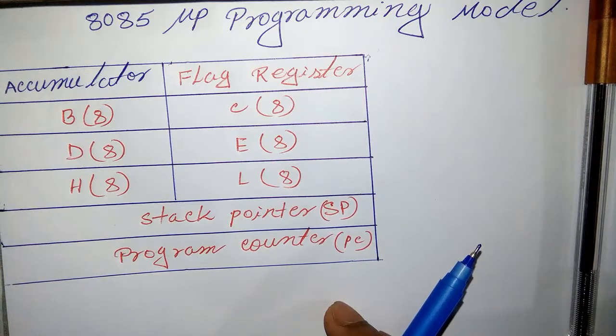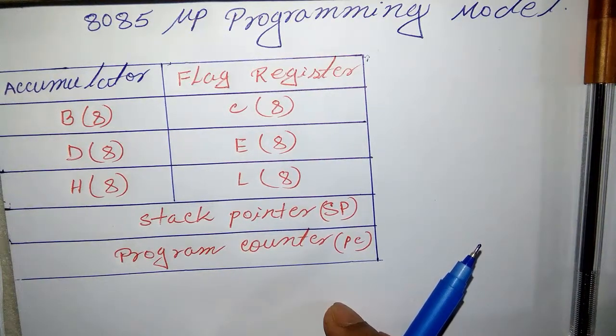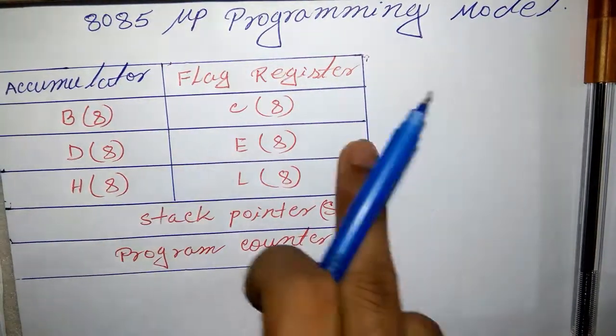In this tutorial, I discuss the 8085 microprocessor programming model. The 8085 programming model includes 6 registers, 1 accumulator and 1 flag register, as shown in the figure.